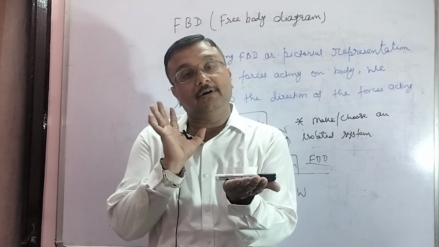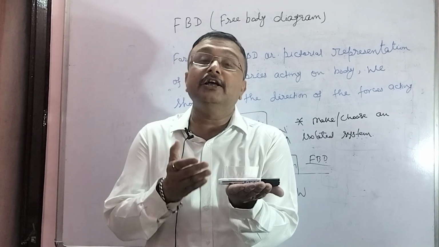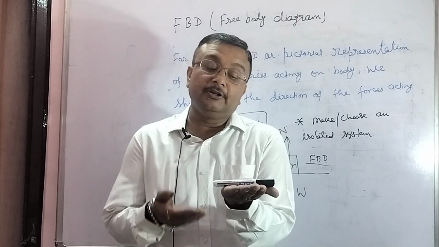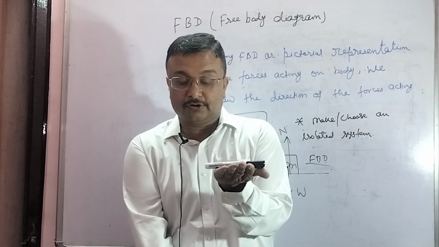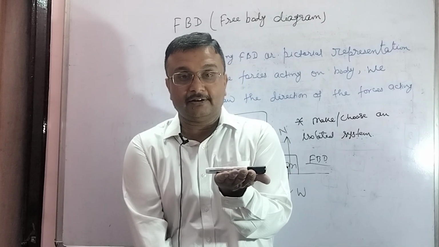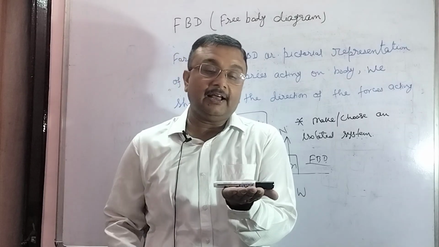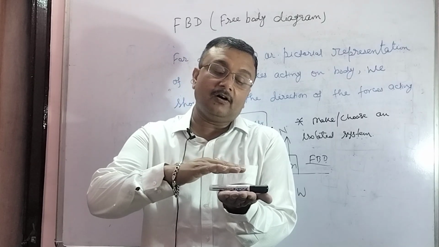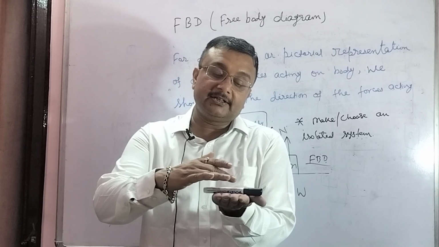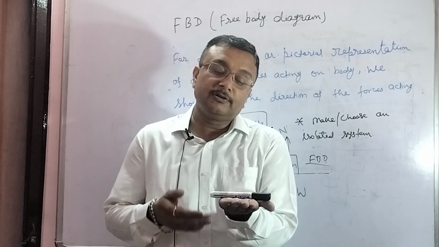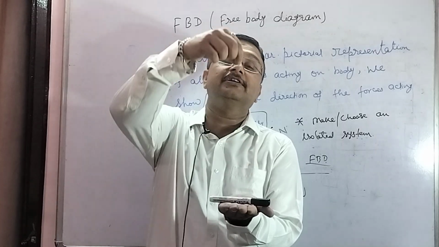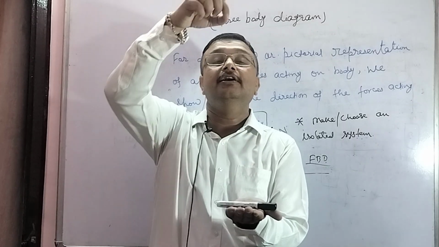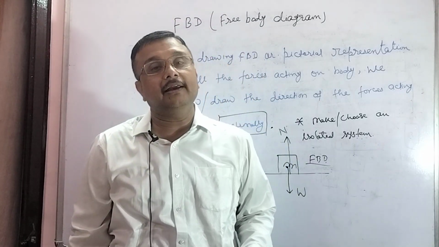This pen as an isolated system. And now think how many forces are acting on it. So this pen has mass, so there will be a force in downward direction, weight, and as it is lying on my hand, it is sharing a common surface with my hand, so my hand is external to it and it will apply forces in upward direction. So we have to think like this.